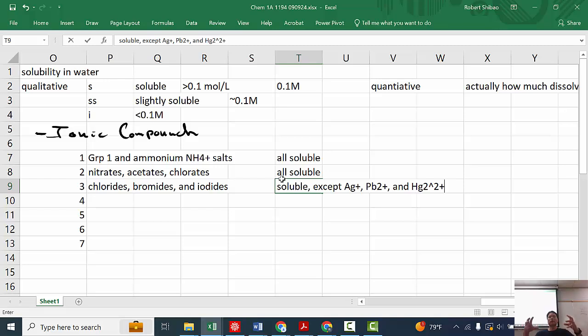And so what it is, it's a polyatomic ion. You have two mercuries that are bonded together. And so you have to take them as a pair. You can't split them apart. But if you were to split them apart, each mercury would be +1, not +2. If each mercury were +2, the whole thing would be +4. And so that's mercury 1.